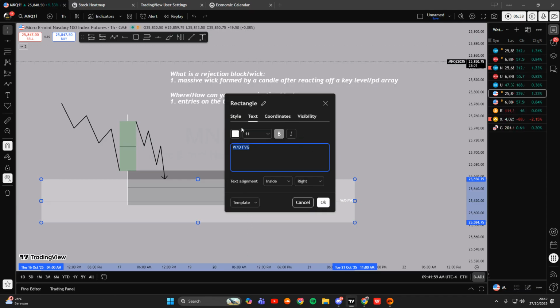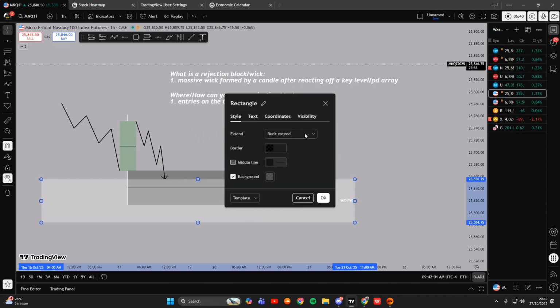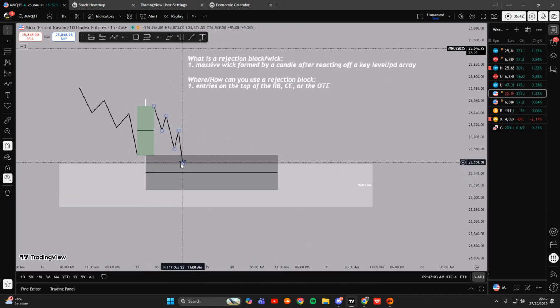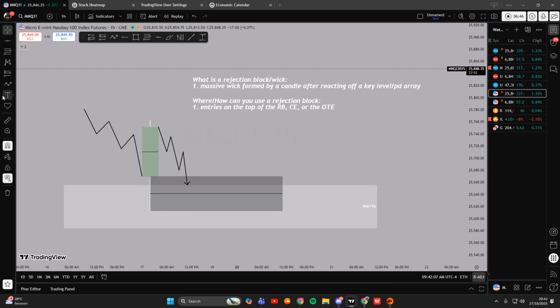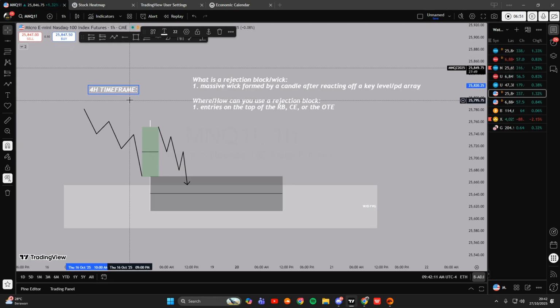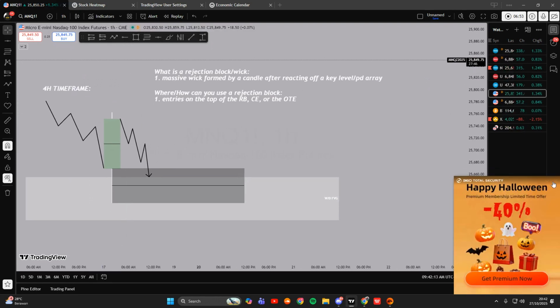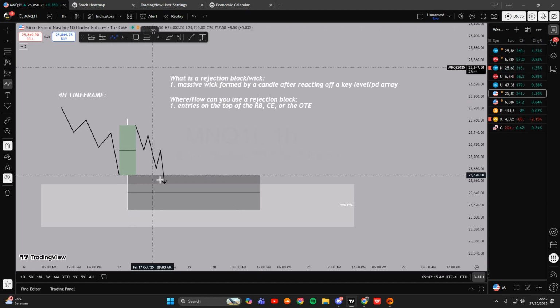Let me remove this so it's not confusing. Okay, 4 hour time frame. You want to see price tap into the rejection block, but you don't want to see it tap into CE.